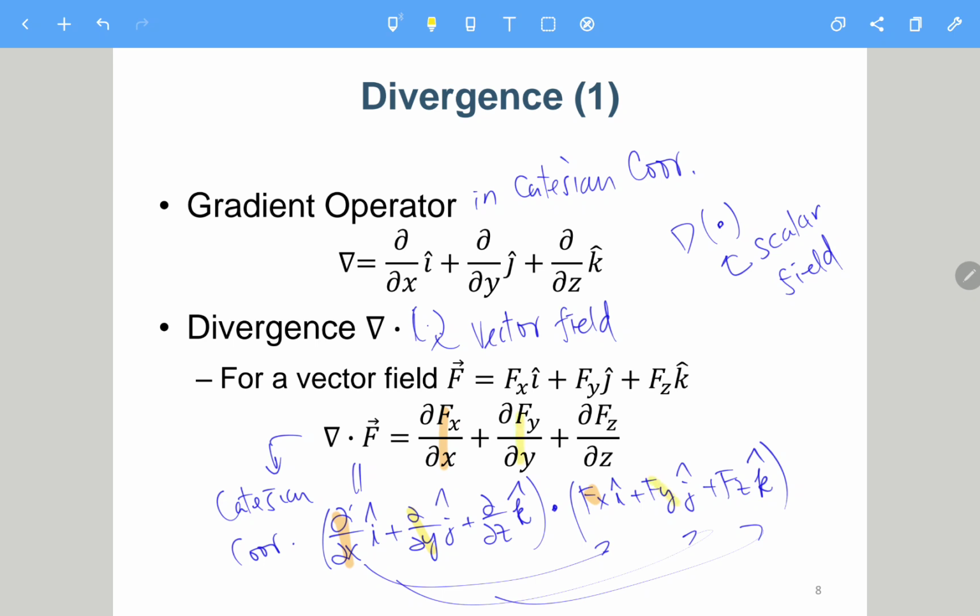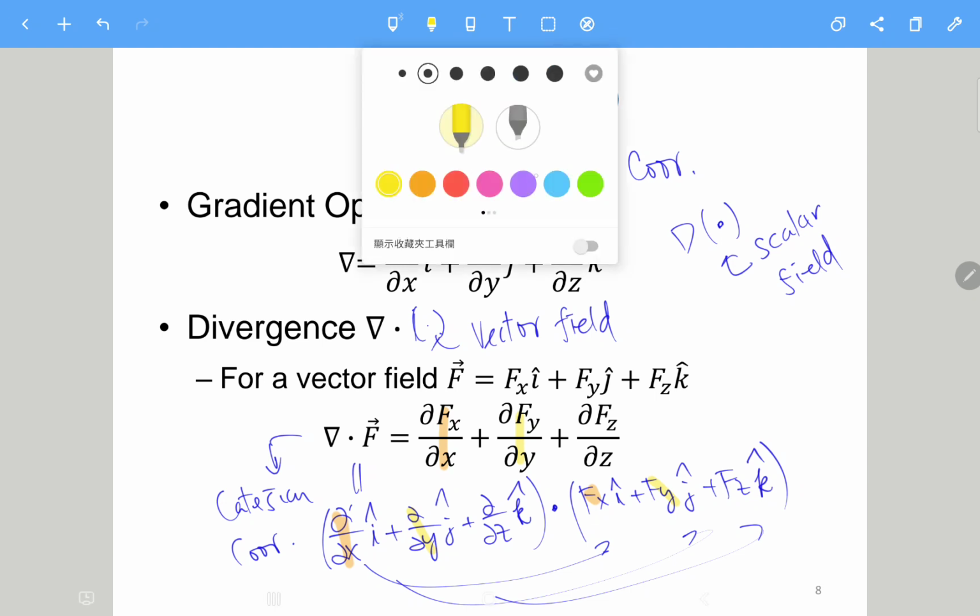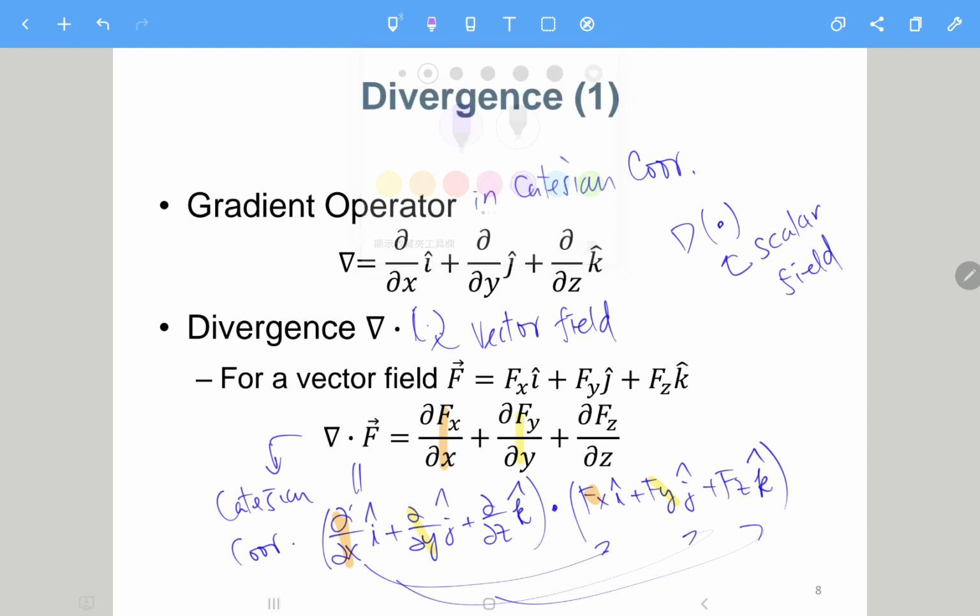And then similarly, for the third term, k hat dot i hat is 0, k hat dot j hat is 0, k hat dot k hat is 1. So the remaining one is partial fz partial z. Okay, so this is the divergence operator in the Cartesian coordinate.